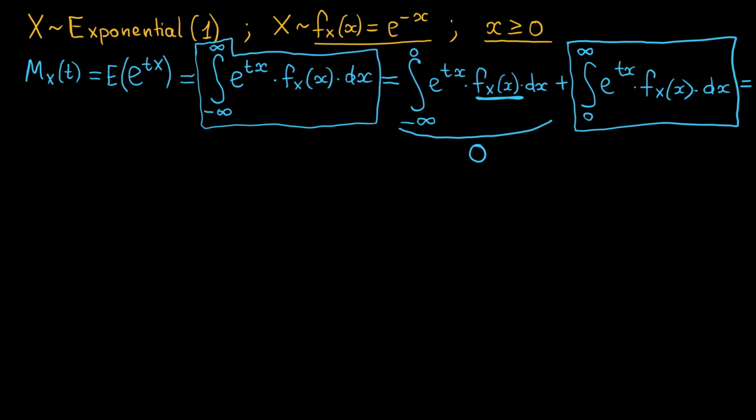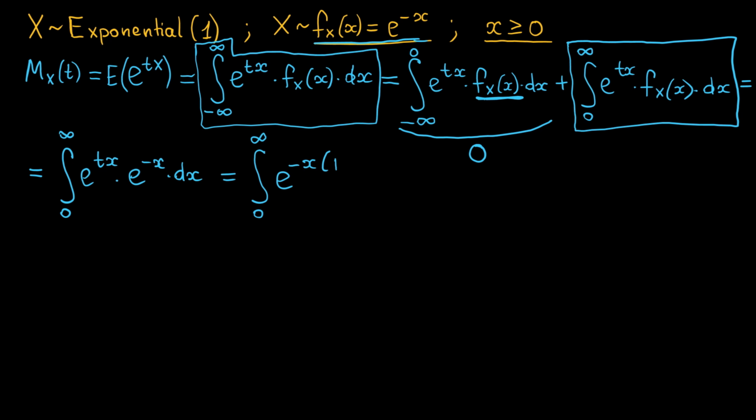Okay, so let's replace the value of the PDF in there. So we have the integral from 0 to infinity of e to the power tx times the PDF expression, which is e to the power minus x, dx. Now let's combine the exponents, and in fact we can factor a minus x in the exponent, and we're left with 1 minus t, and we have a dx.